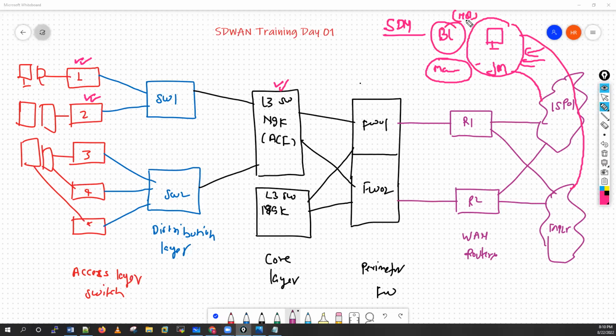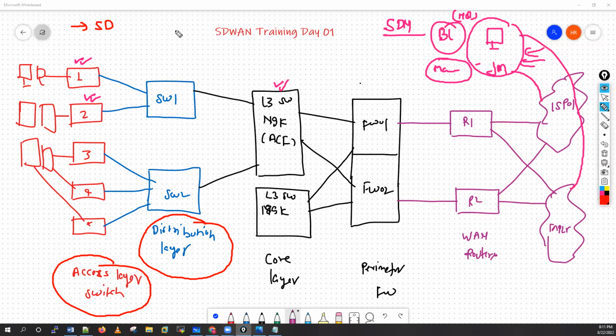Now what used to happen basically, to resolve these kind of problems, because in this design we have lots of issues, to manage your access layer switches and your distribution layer switches, Cisco have come up with a solution called SDXS.